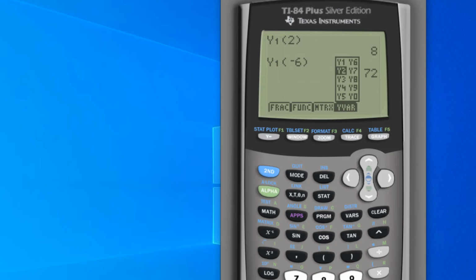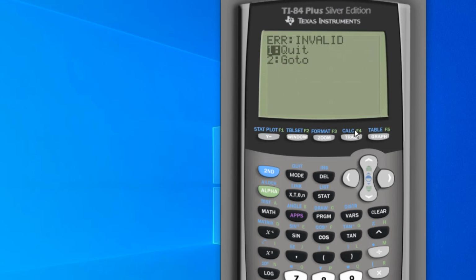Select it, enter. I could put parentheses here and put a 2 here, hit enter. And it gives me an error because I haven't defined what y2 is. In order to do that, you have to go to your graphing screen and say what it is, x to the third minus x squared or whatever you want. Anyway, these are just some shortcuts that you can use in algebra and calculus if you're looking for numerical answers. Thanks for watching. We'll see you next time.